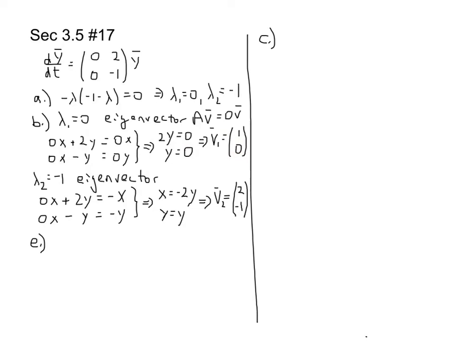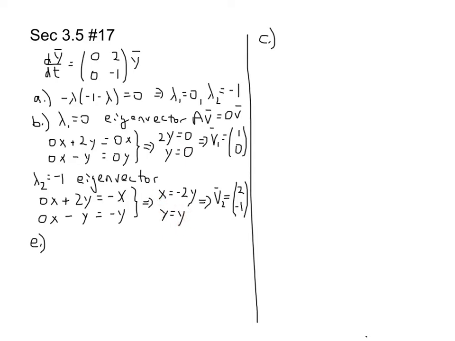And in the second situation, lambda 2 is equal to minus 1. Same thing. We set up our system of two equations, two unknowns. We get two redundant statements. The first one says x has to be equal to minus 2y. The second one says y has to equal y, so no restriction whatsoever.